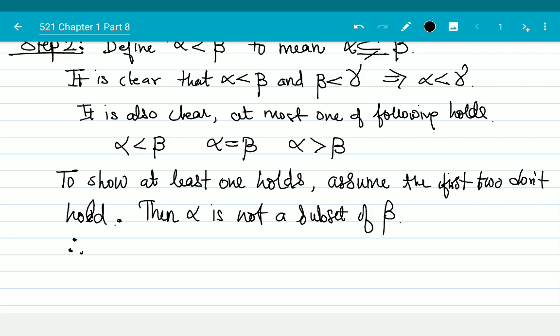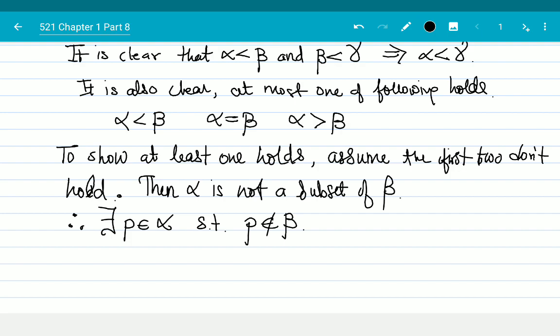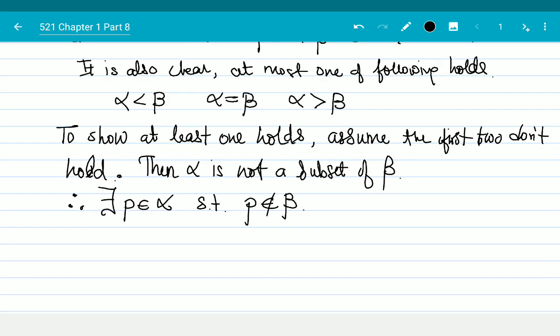Therefore, there exists some p belonging to alpha such that p does not belong to beta. That is literally the definition of alpha not being a subset of beta.